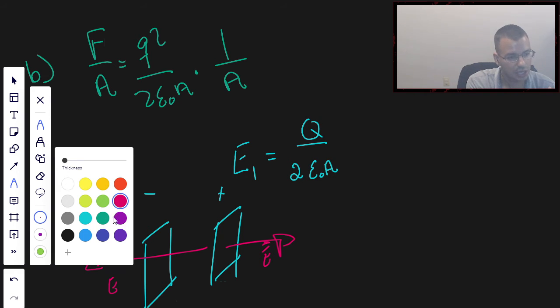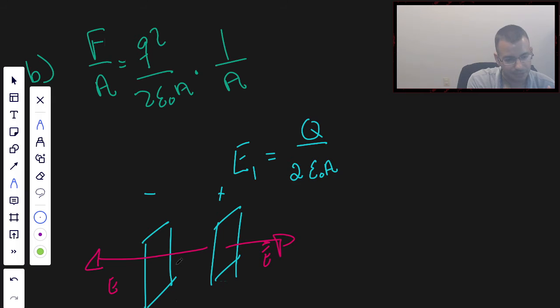The left plane, which is negatively charged, is going to create electric field lines going inward. And so what happens is, outside of this parallel plate capacitor, the electric field lines oppose each other, so they cancel out. Same on the left side. Electric field equals 0.